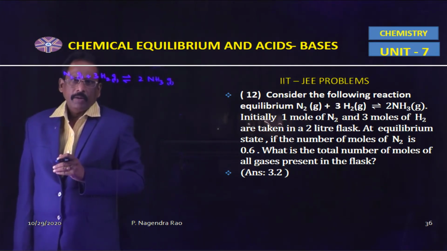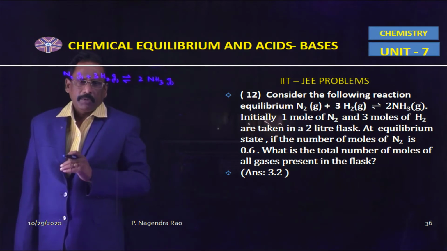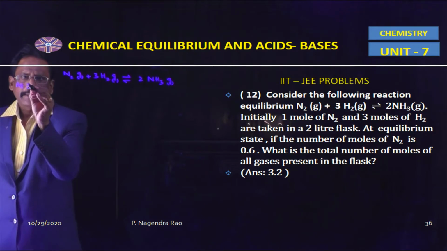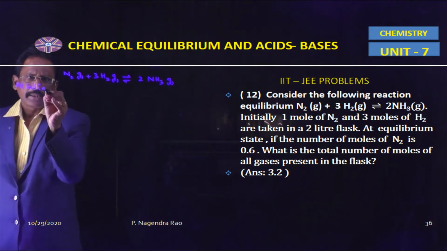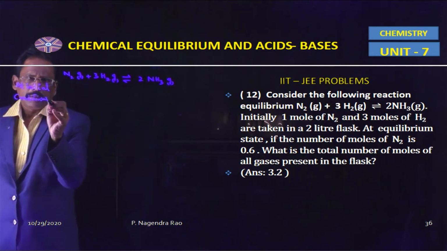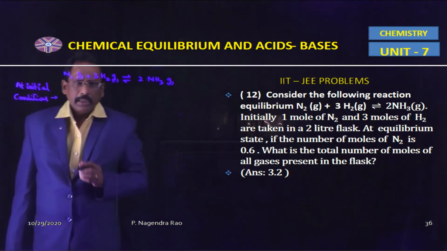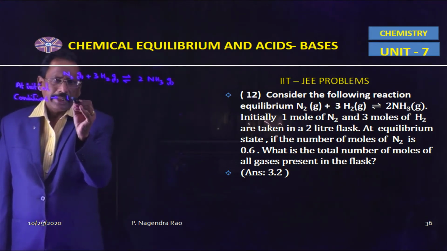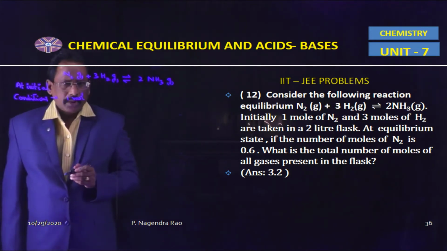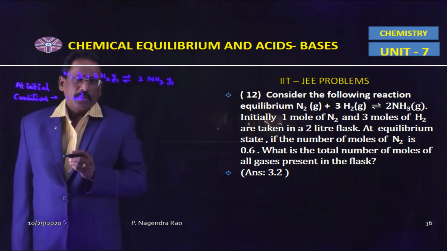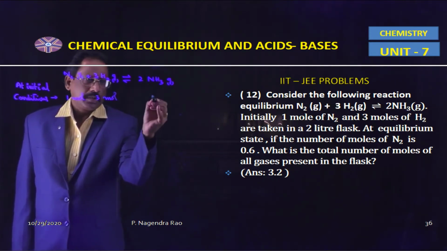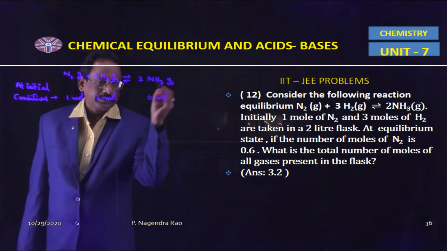Here in this problem, at initial conditions, the number of moles of nitrogen gas taken in the closed vessel is equal to 1 mole, and the number of moles of hydrogen gas taken is equal to 3 moles. So ammonia is 0 moles initially.